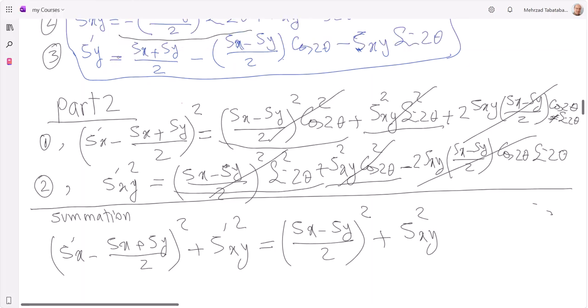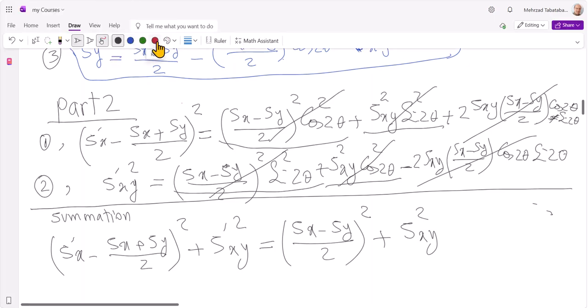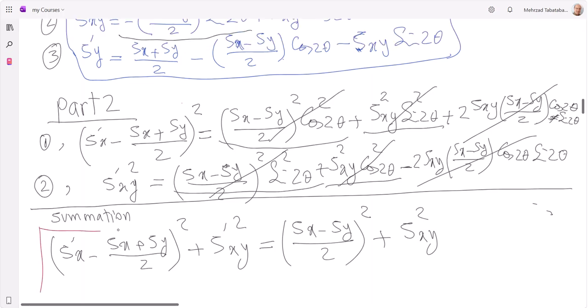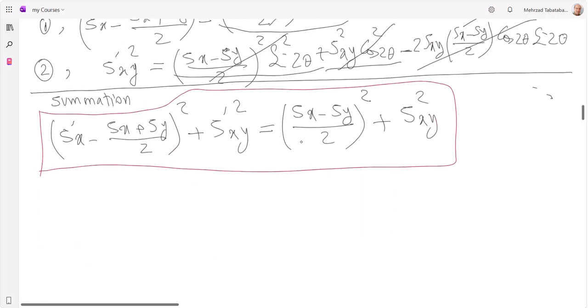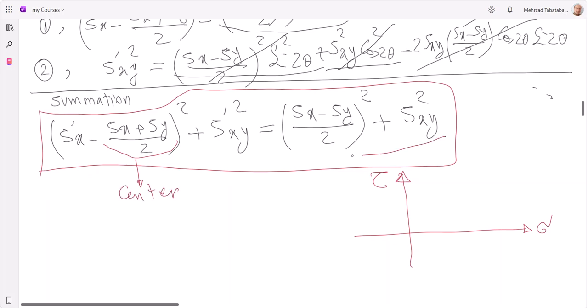And that is a profound conclusion. That is basically an equation of a circle if I define coordinates, let's say sigma for normal and tau for shear, and take this as my center and take this as my r squared.